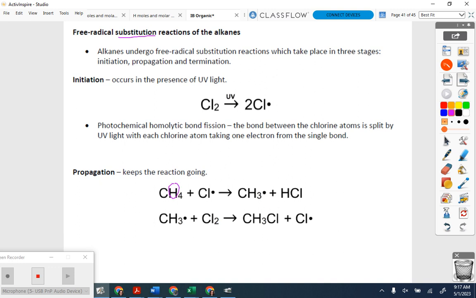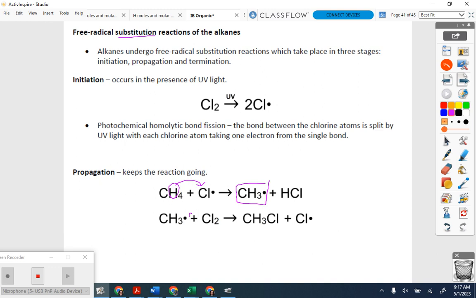So one of these hydrogens goes onto the chlorine to make HCl. Now the chlorine is safe. It's no longer a free radical. It's bonded with something. But now the methane has the free radical. And if there's more chlorine around, it's going to attack one of these chlorine molecules to get rid of its own unpaired electron.